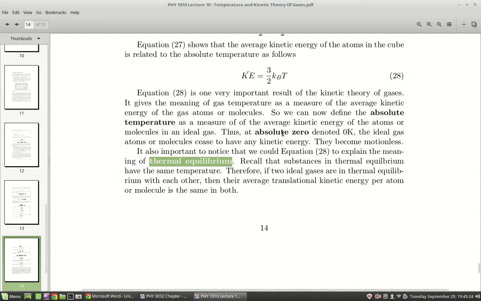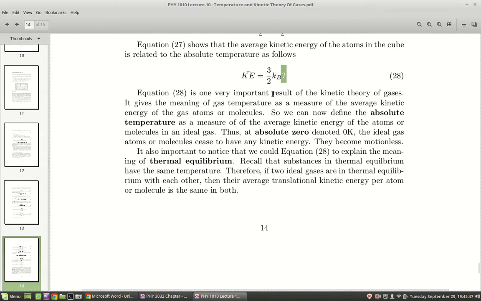From this equation, if the temperature is the same for two different bodies, it means that the average kinetic energy of the atoms in that particular gas or body is the same. If two bodies are at the same temperature, it means that the average kinetic energy is the same.